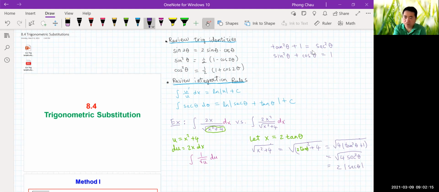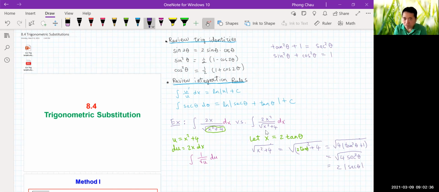Now, again, the idea is we want x to be some trig function so that when you simplify, the identities can be applied to turn it into a perfect square. How do I know we're going to use 2 tangent?